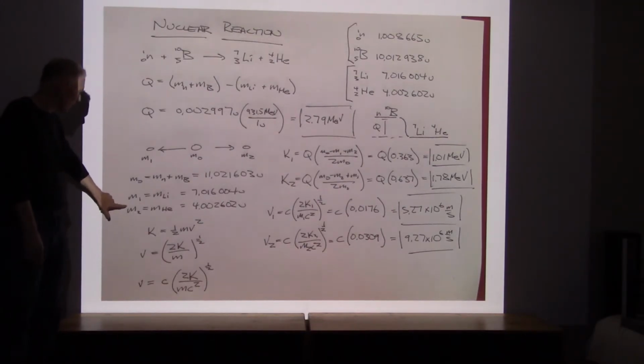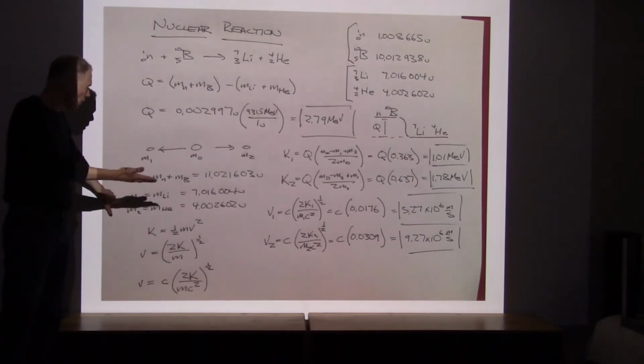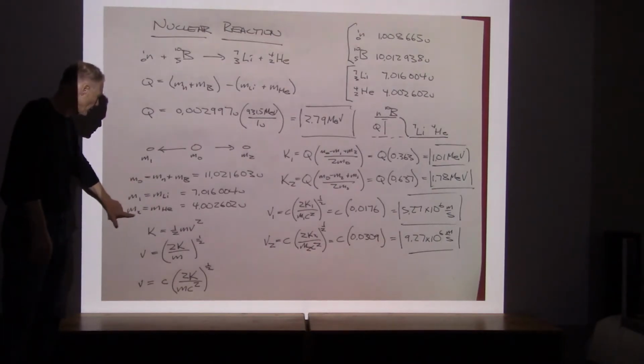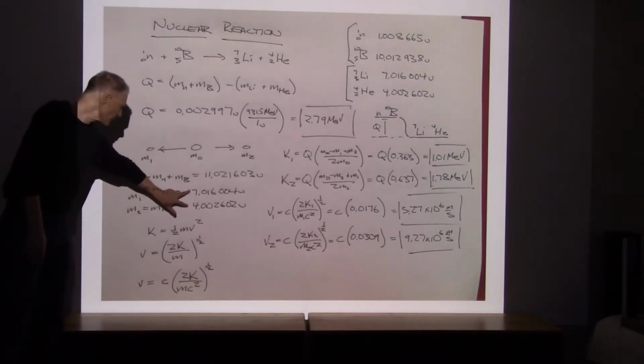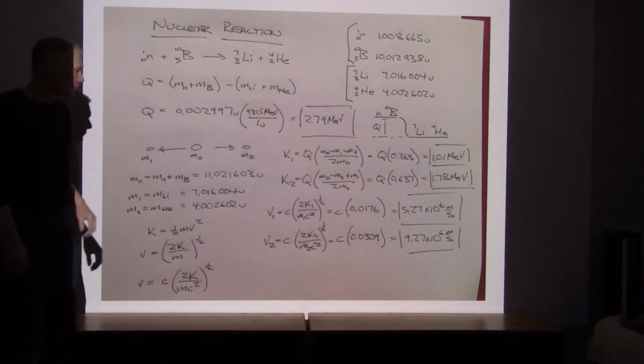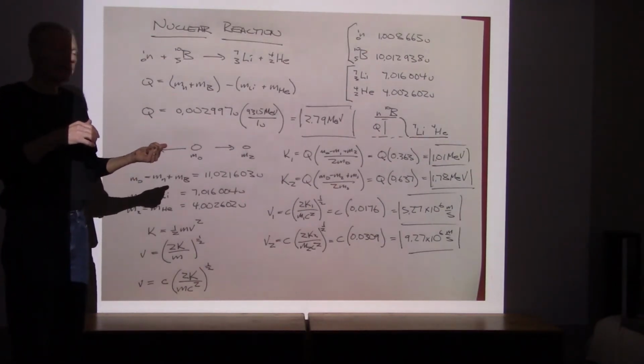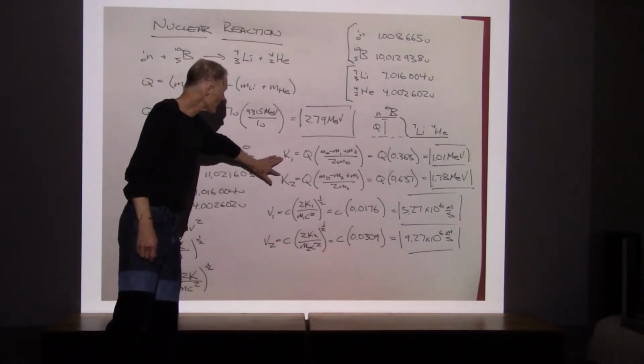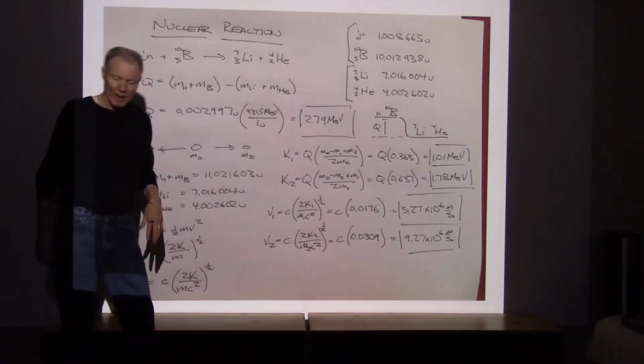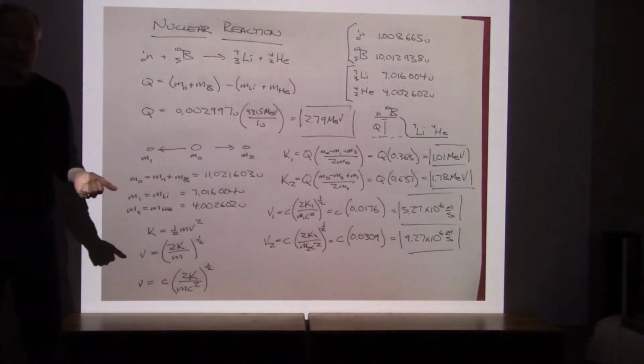The mass of the products, I'm going to say object 1 or particle 1 is the lithium, particle 2 is the helium, and these are the masses of those. And if you remember back, I guess it was just last chapter, we went in and we solved the kinetic energies back when we were looking at alpha decay.